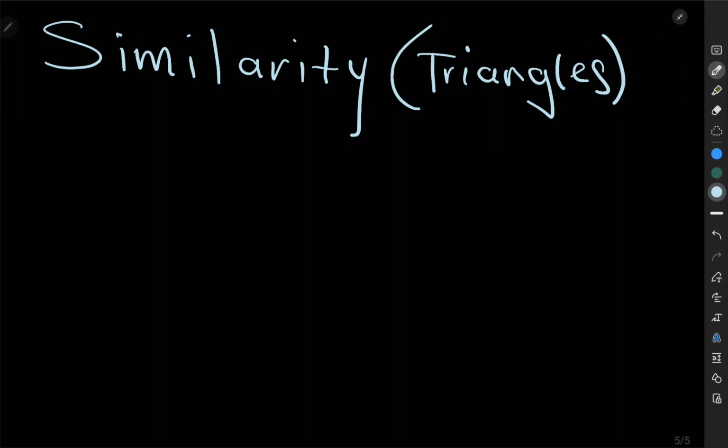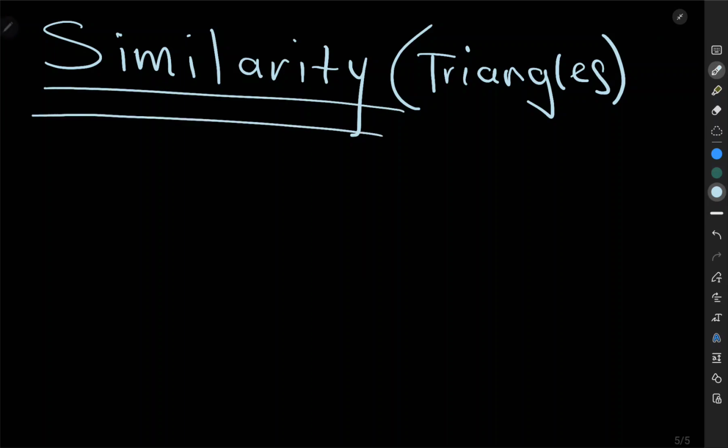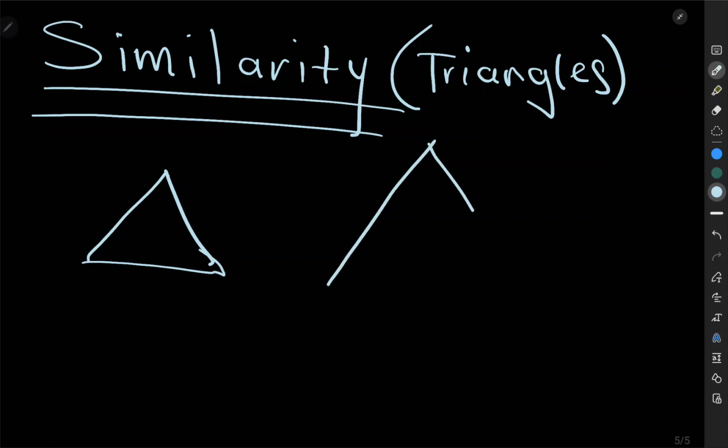Okay, so the last, or actually not the last topic, but another topic that I really want us to talk about is the concept of similarity, and what basically that means. Let's say, for example, we're given two triangles. Let's say we have this triangle over here, and we have another triangle over here, a bigger one, just like that.